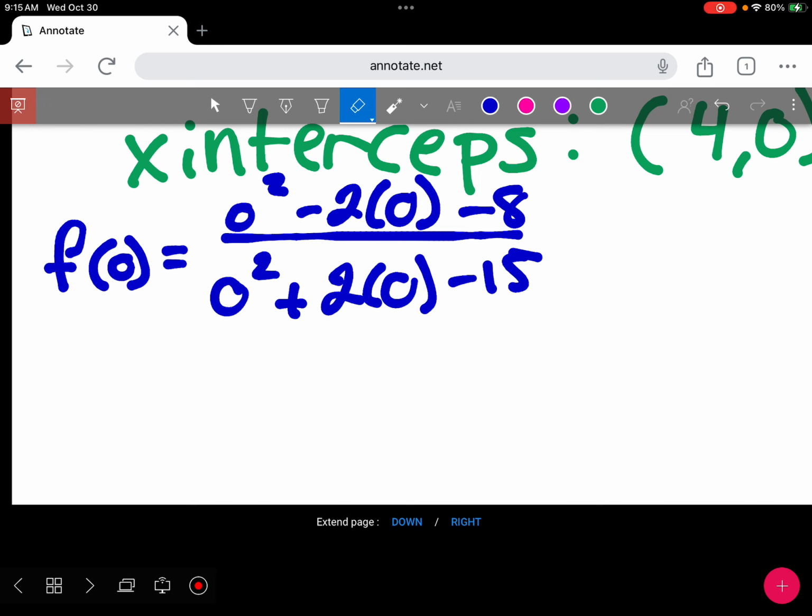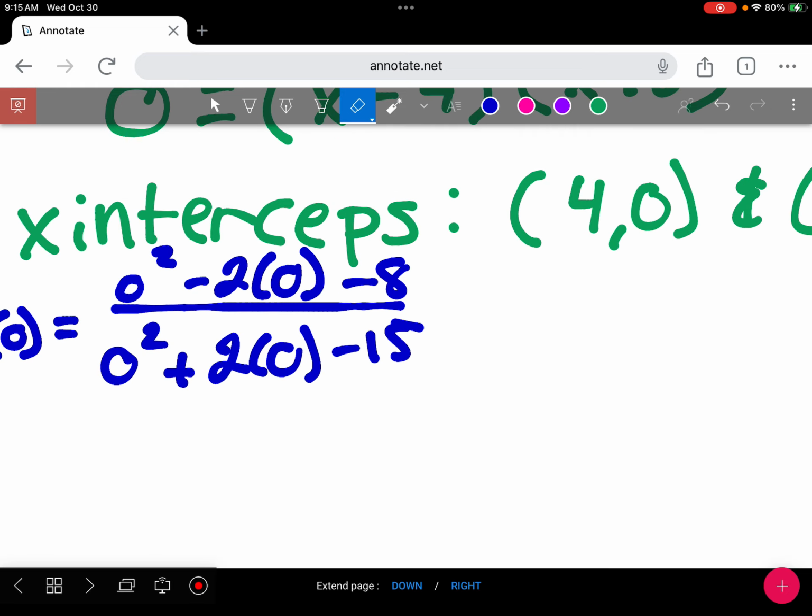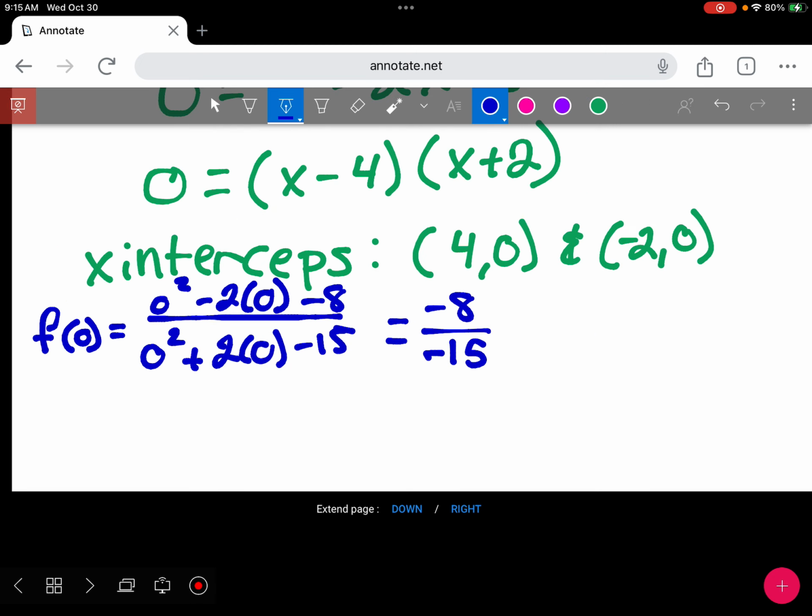So all of those zeros kind of cancel out. I got 0 minus 8, so we get negative 8, and 0 plus 0 minus 15. So where is our y-intercept going to be? 8/15. Yeah.